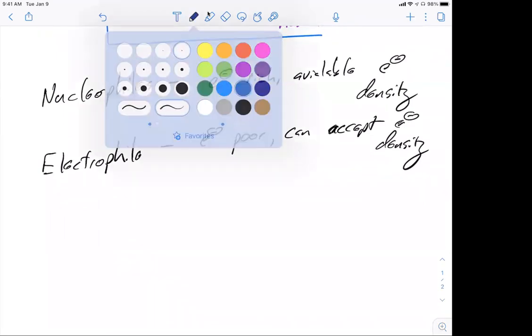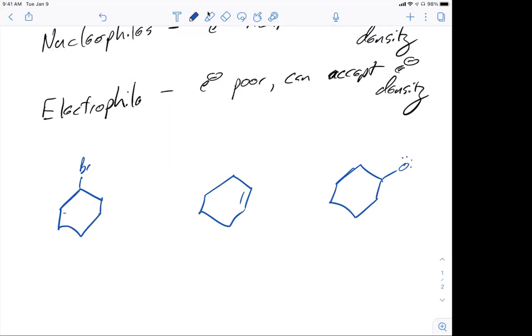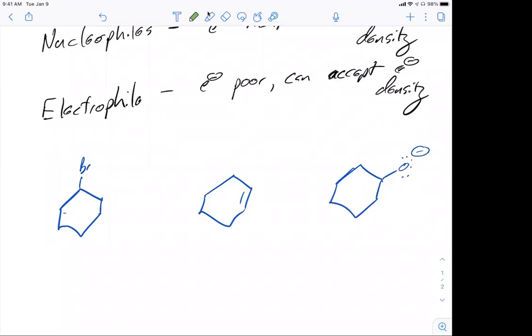So the best way to do this is just look at a few examples. So in these three, let's first look and see what we have. So this is where going back a few chapters is going to help. So if we have a bromine, we know that we have an electronic dipole. So we have a dipole moment going towards the bromine.